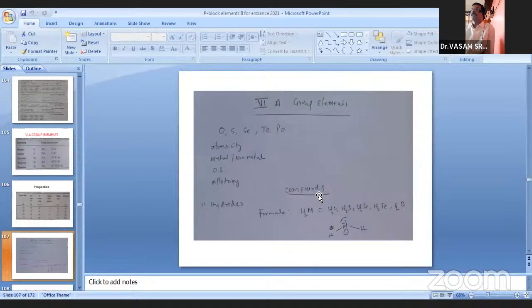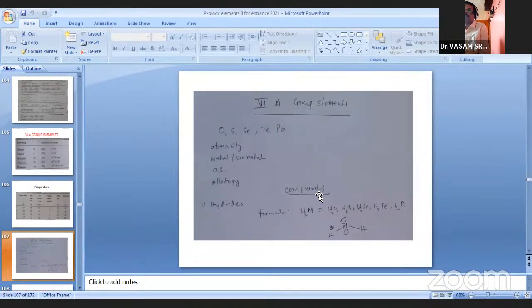The next property is atomicity. You know already what is atomicity; you also saw it in the 5th group and 4th group. Here the oxygen atomicity is 2, so oxygen is always stable in O2 form. Sulfur, selenium, tellurium have atomicity 8, stable as S8, Se8 and Te8.